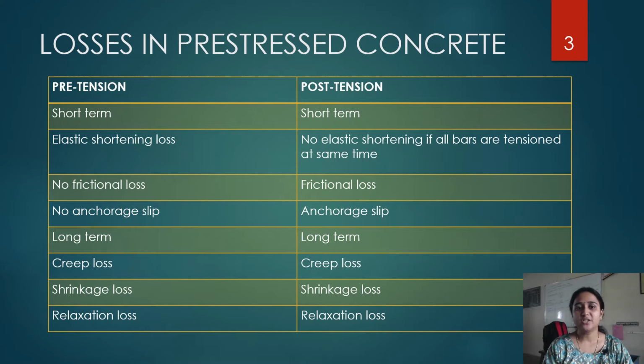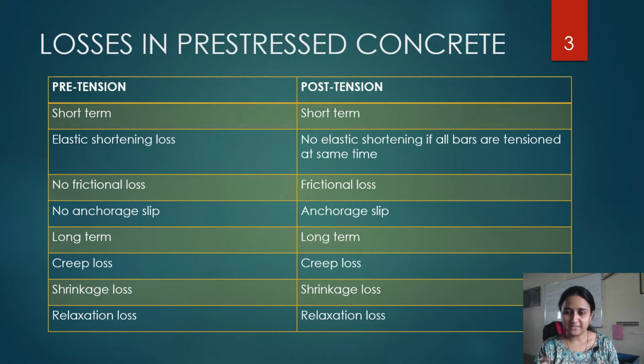In pre-tensioning there is an elastic shortening loss, and in post-tensioning there is no elastic shortening loss. The basic idea behind this is that in pre-tensioning we apply a particular amount of stress, then we cut the tendon, and then we do the concreting work.